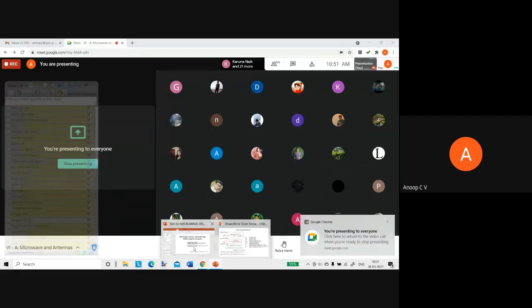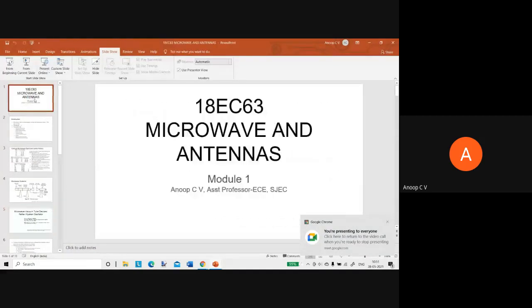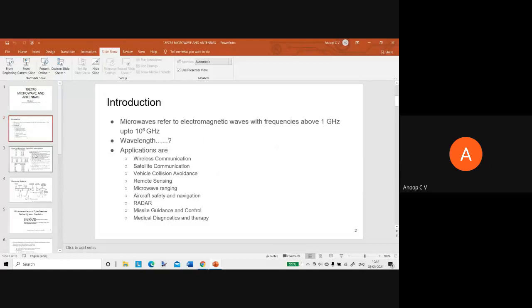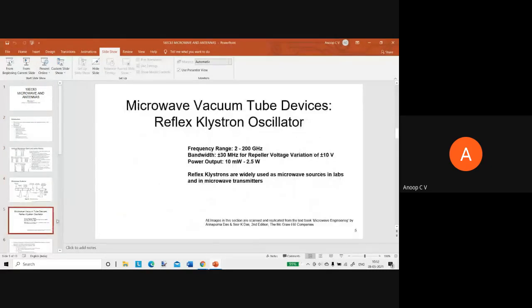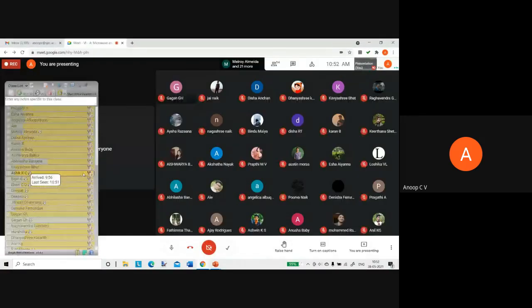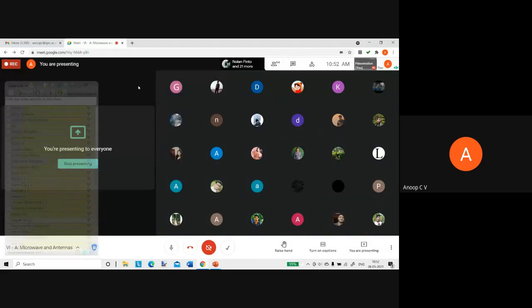This PPT is Microwave and Antennas Module 1. In it, I have the introduction, frequency bands, microwave system, then the reflex klystron. You can find it. I don't have the soft copy, that's why I didn't make it available, but this PPT would be more than sufficient, even for your university exam.